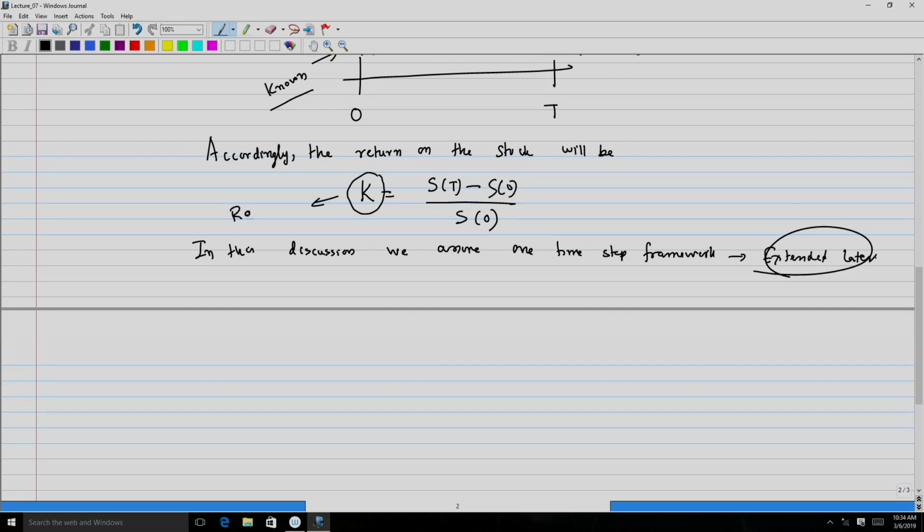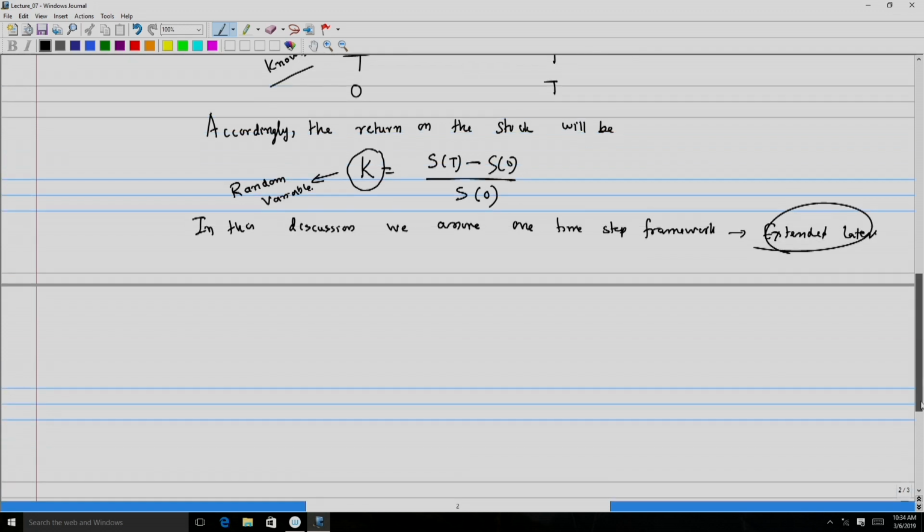So, first of all, when you are talking about returns, recall that this return that we had, K equal to S t minus S 0 over S 0, this K is obviously, since it is unknown, a random variable.